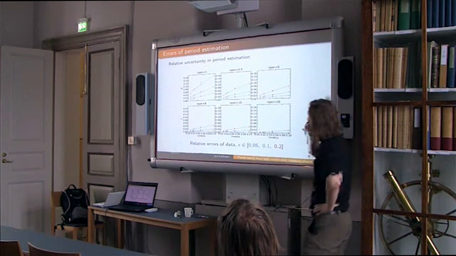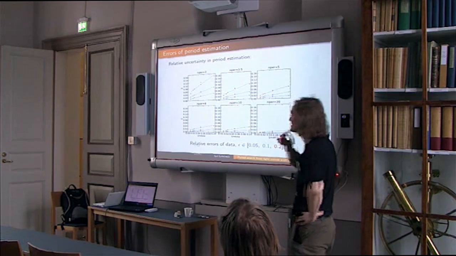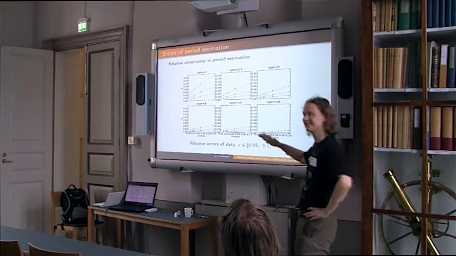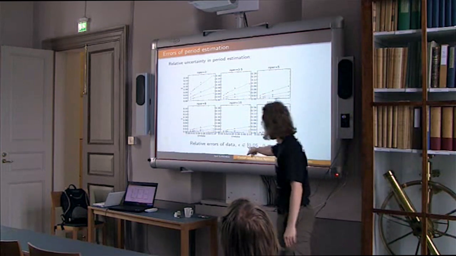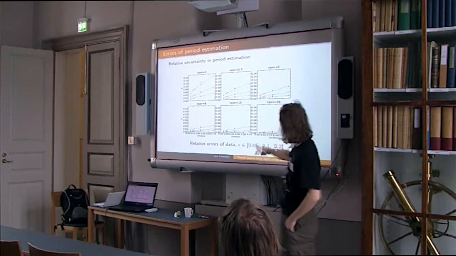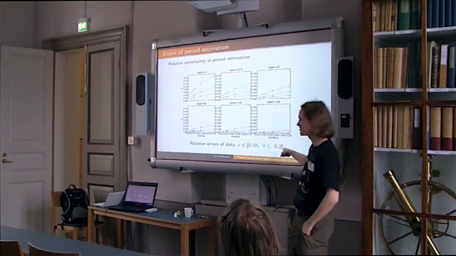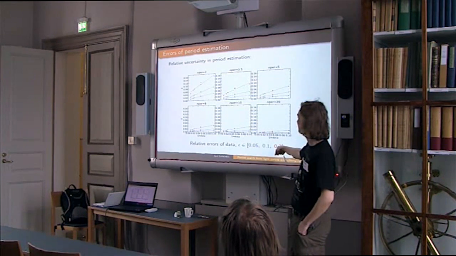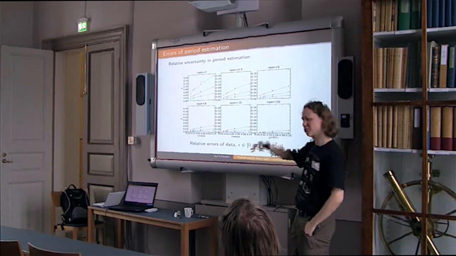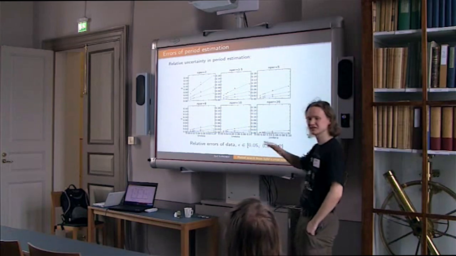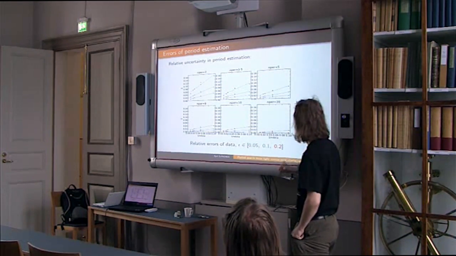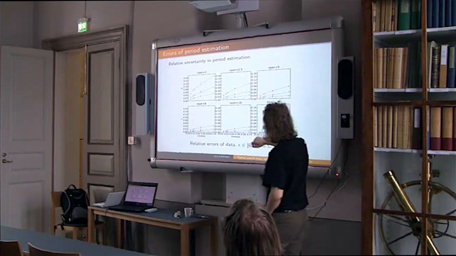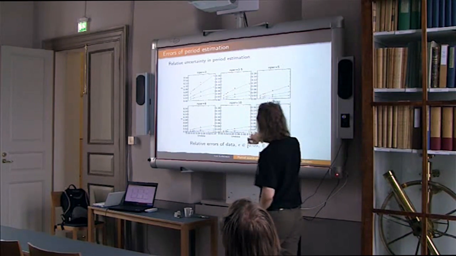And I did some tests with this, with this very simple test data with different levels of noise. So this is 5% noise, 10% noise, and 20% noise. This resembles being close to the border where we can still observe that it's nicely periodic. And then I took different lengths of data.